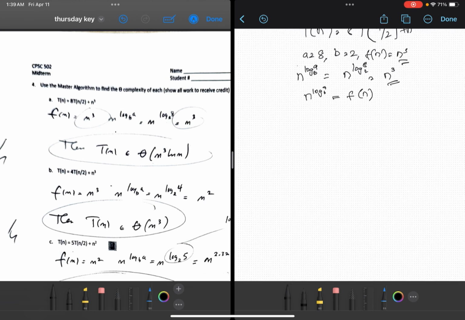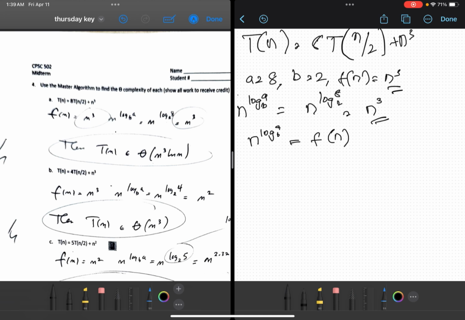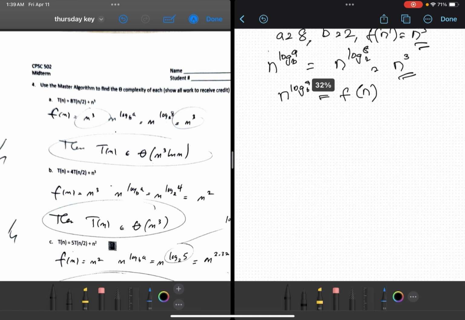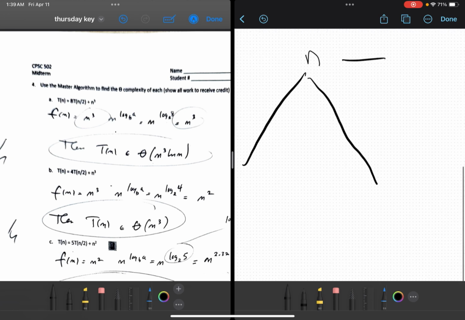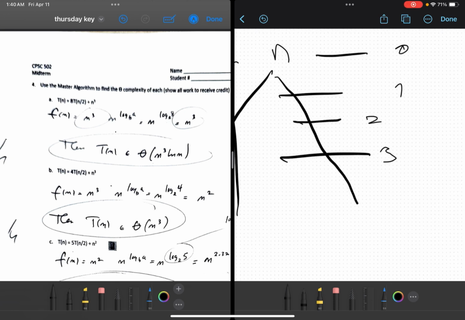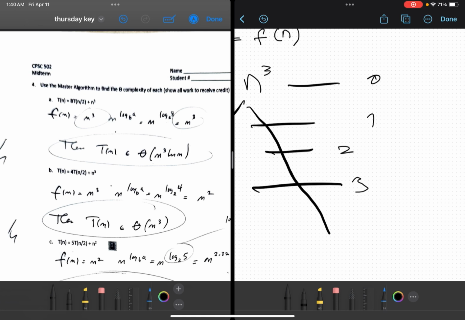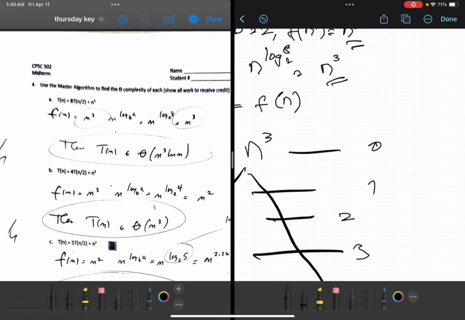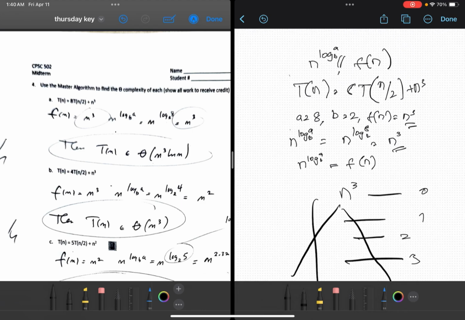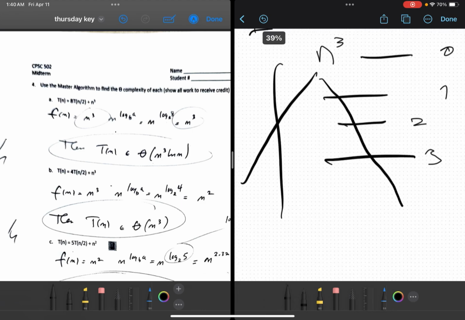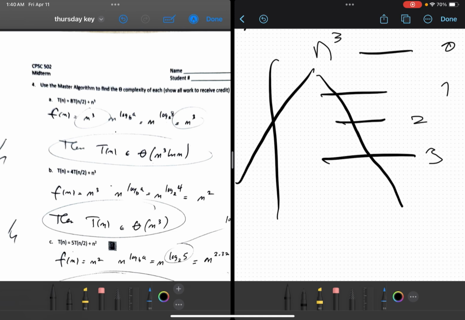Whenever the f of n value is the same as n to the power log a to the base b, it looks like this: this is the 0th level, this is the first level, the second level, the third level, and so on. The work done here is n cube. What we are calculating with n to the power log a to the base b is how much work is done at the bottom level.